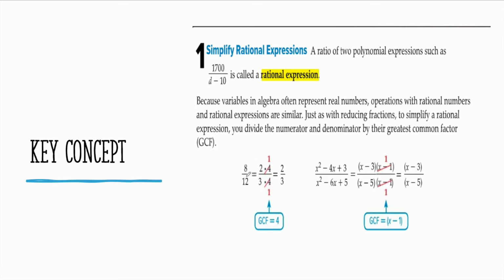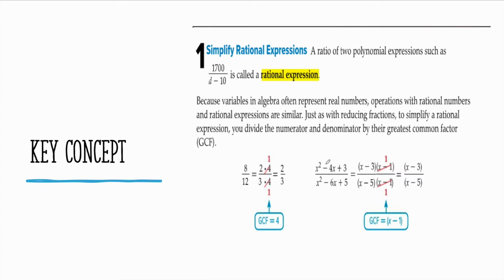For instance, here we are given 8 divided by 12. People simply put it in the calculator and they get 2/3. But if you were to find a common factor, you would ask what are the factors of 8? It's 2 and 4. Factors of 12, it's 12 and 4. And therefore, you would cancel 4 and 4.